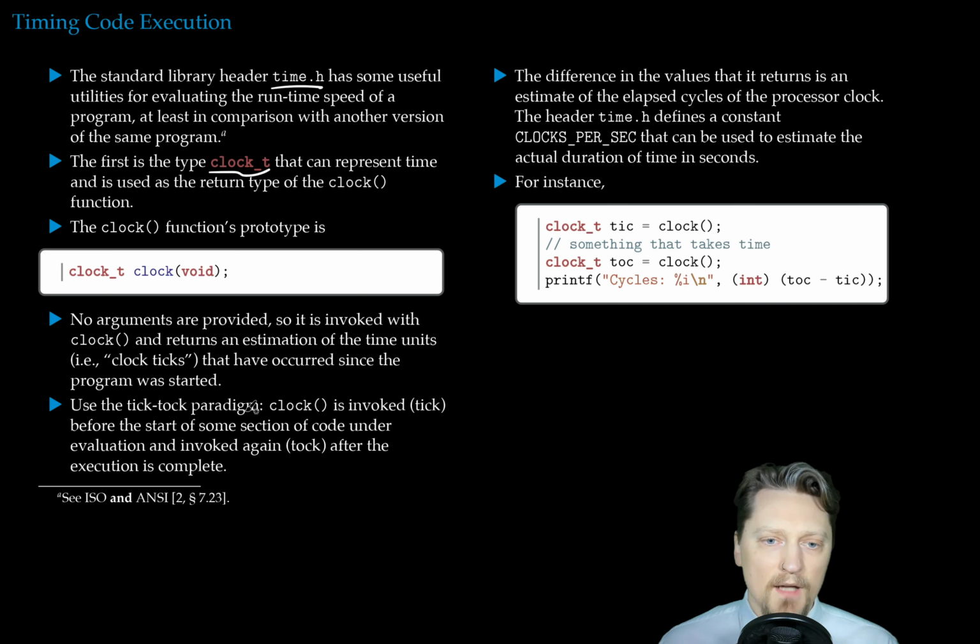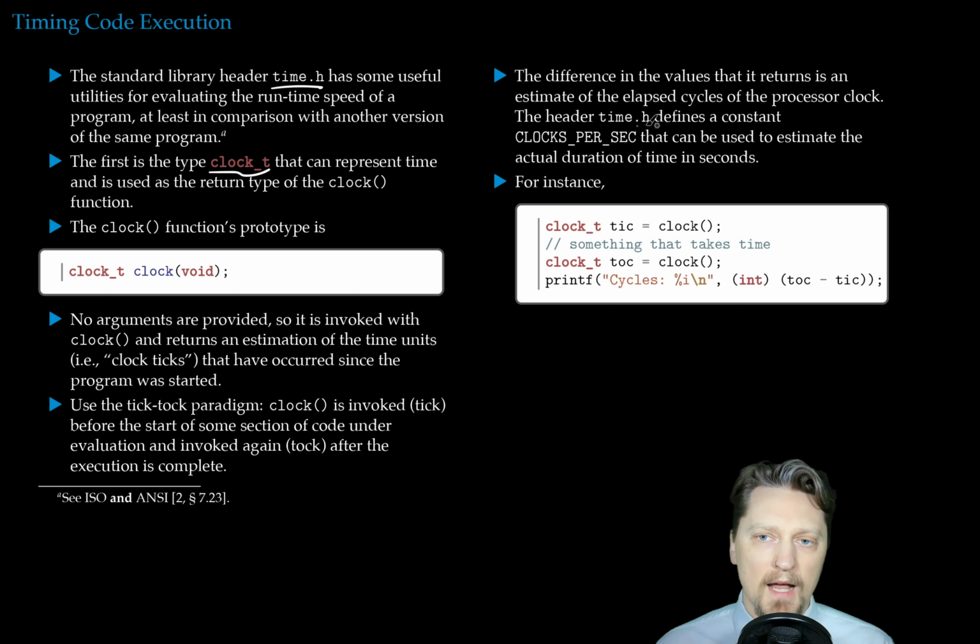Use the tick-tock paradigm. Clock is invoked, tick, before the start of some section of code under evaluation and invoked again, tock, after the execution is complete. The difference in the values that it returns is an estimate of the elapsed cycles of the processor clock.